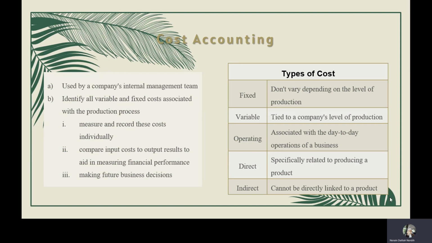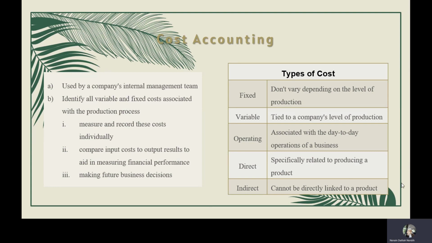Variable costs are tied to a company's level of production. The example is a floral shop. Imagine a floral shop ramping up its floral arrangement inventory for Valentine's Day; it will incur higher costs when it purchases an increased number of flowers from the local nursery or garden center.